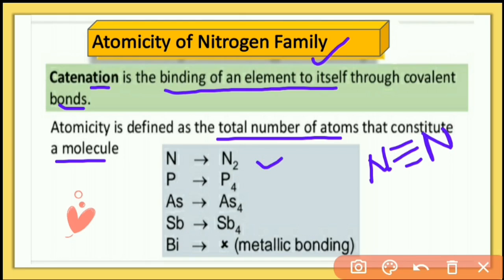Two atoms combine and form a nitrogen molecule. Phosphorus shows maximum catenation property, so its atomicity is 4. Similarly, arsenic and antimony also show tetra-atomicity. And bismuth is a metal, in which metallic bonding is present.